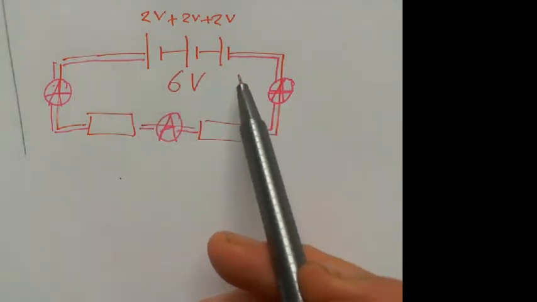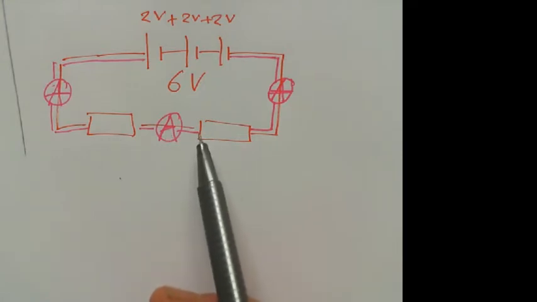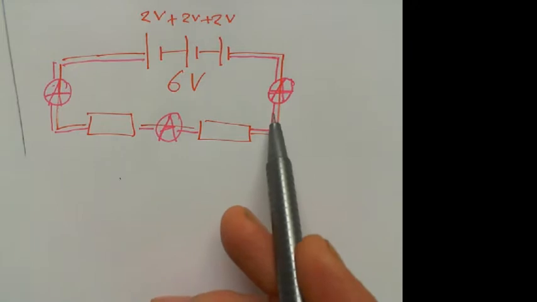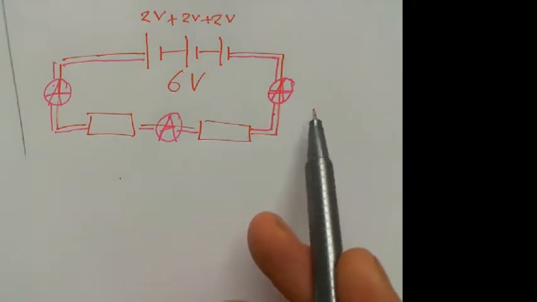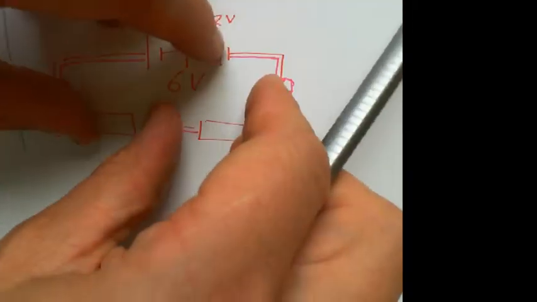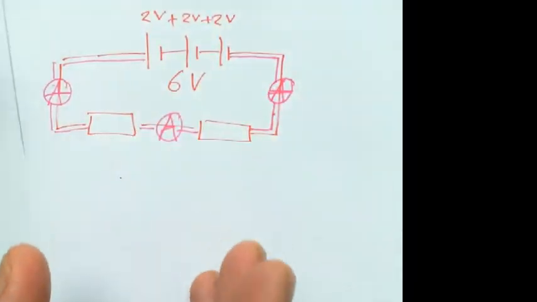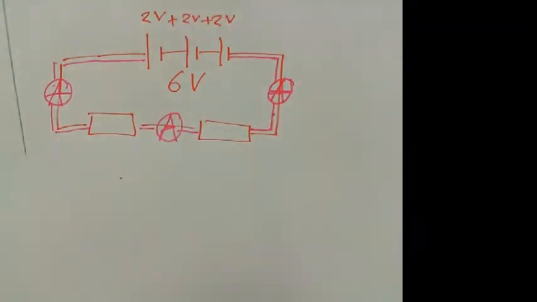So I'm pumping the water in and it's going around the circuit, and these 2 things are slowing it down. But that doesn't mean that these go faster because they haven't been slowed down yet. What it means is they all go round at the same rate. It's like a hose pipe. You can only go as fast as the narrowest bit. Otherwise, you've got a backlog. It backs up like a traffic jam.